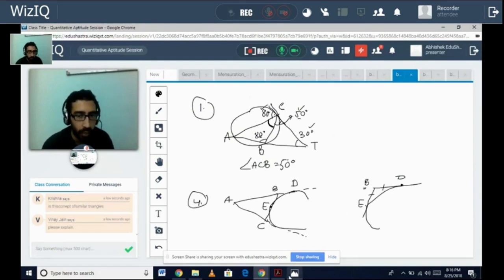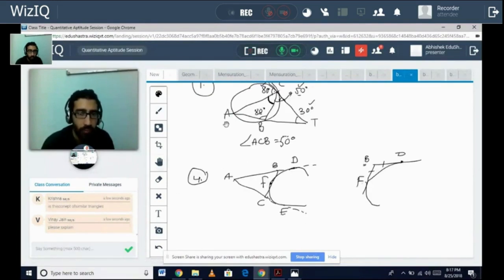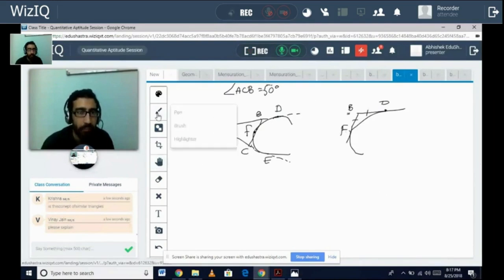Sorry, E has already been taken, so let's take this to be F. This is point F, and this is point E. Similarly, look at FCE here.